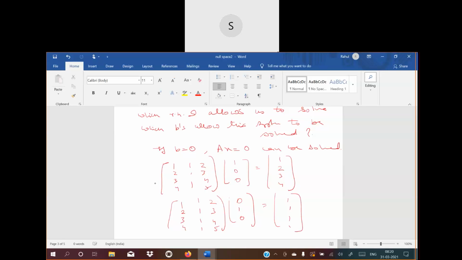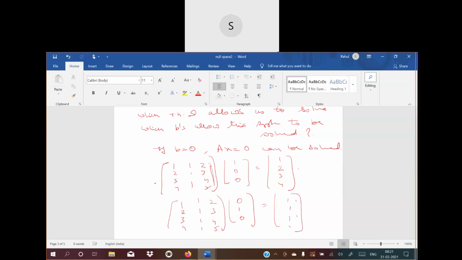So we see that we can solve this system exactly when b is in the column space of A. If I write b as 1 2 3 4, then b is in this span. So we can solve Ax equal to b exactly when b is in the column space. In this kind of scenario we can have a solution.